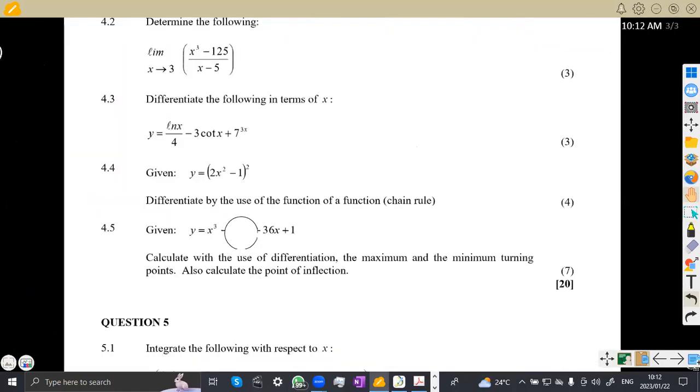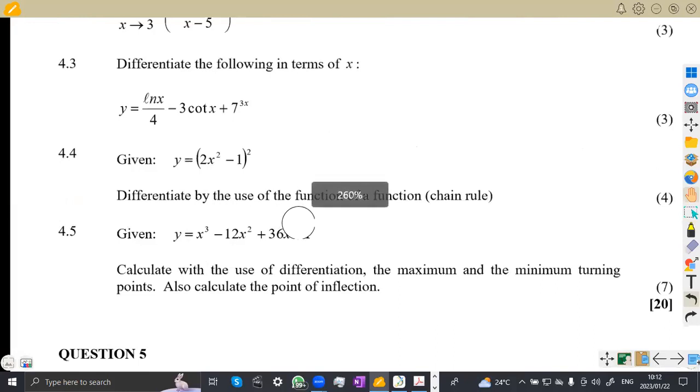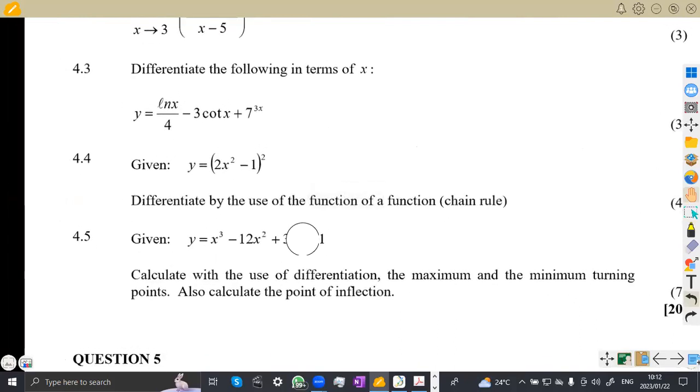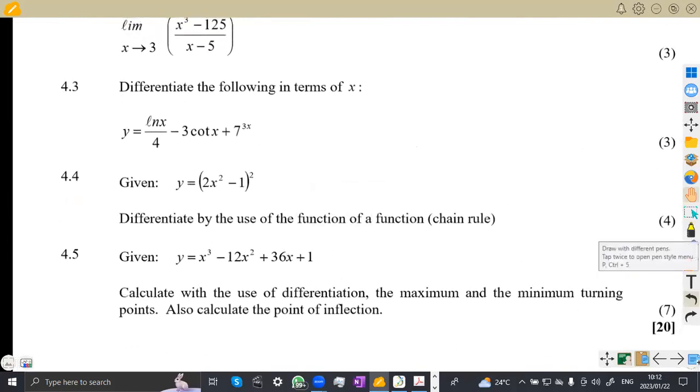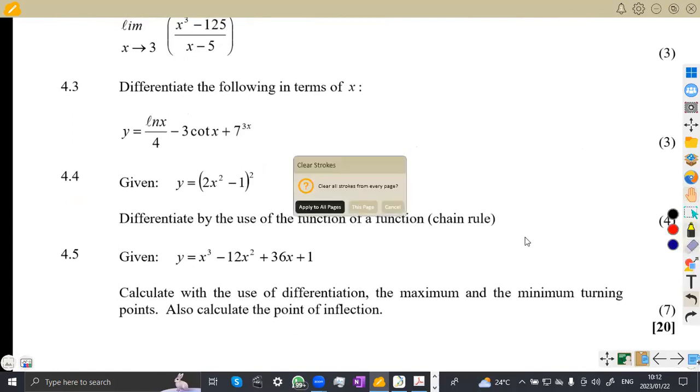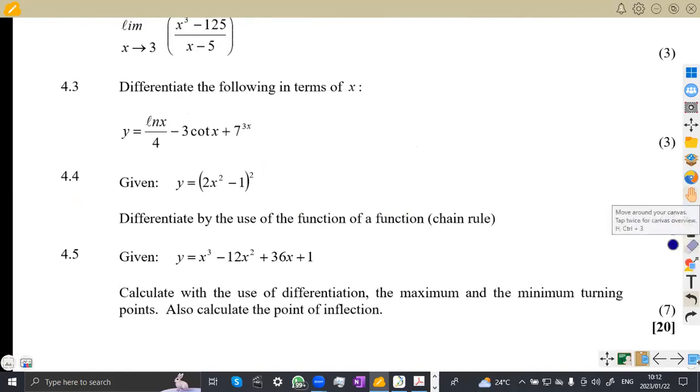Okay, on 4.3, we're given to differentiate the following in terms of x. So we are given there, differentiate these expressions in terms of x. What you're supposed to do is to rewrite in a way that you can actually differentiate directly if it is needed. But if it is direct, then you can just differentiate. Like for this one is direct, guys. Remember that the derivative, so you can just write it here. dy dx is equal to, ln is 1 over x.